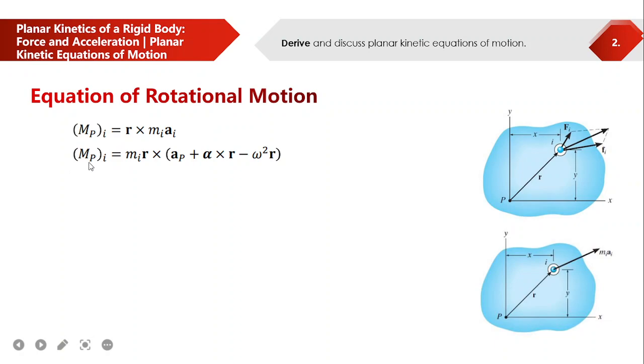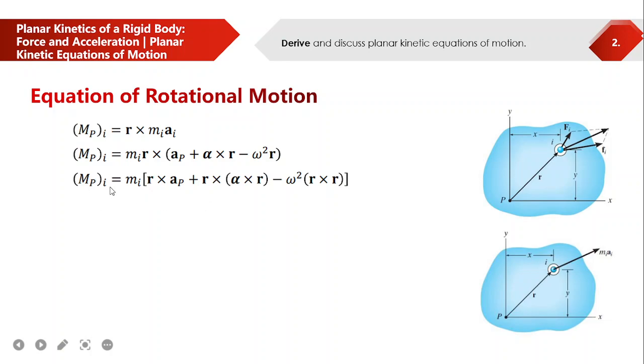M sub P sub i is equal to m sub i times r times a sub P, your acceleration at point P, plus the tangential component, which is the angular acceleration times the radial distance away from the center, minus the angular velocity squared. This is your normal component of the acceleration, which is the angular velocity squared times r.